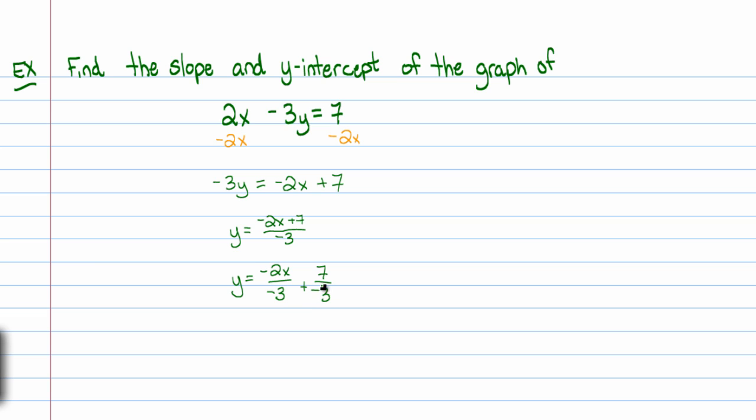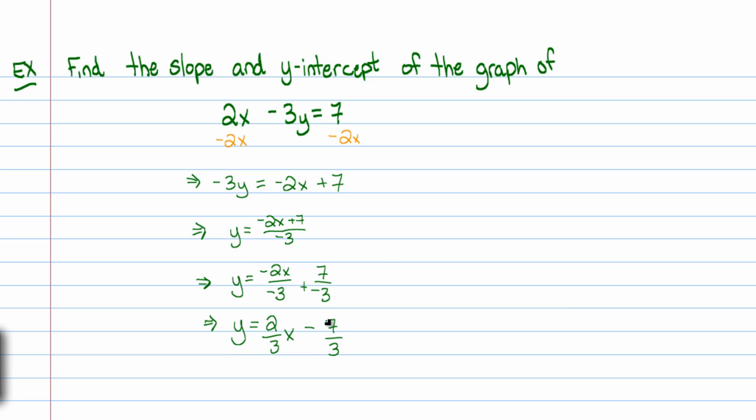And remember what I said about negatives and denominators. It's just bad form. So this can be rewritten. y equals, well, negative over negative, that's positive. That's just 2/3 x. And then I'm going to pull this negative out front here. So I get a negative 7/3.